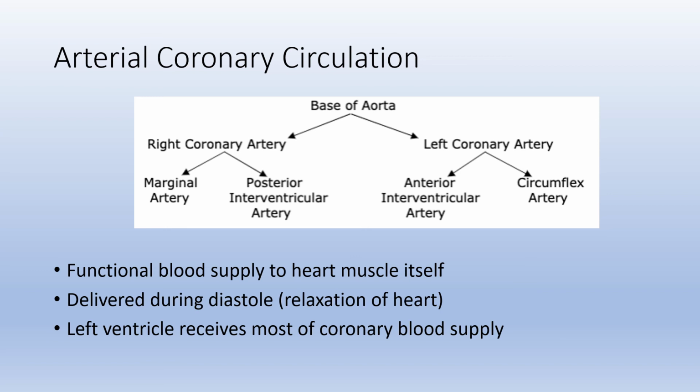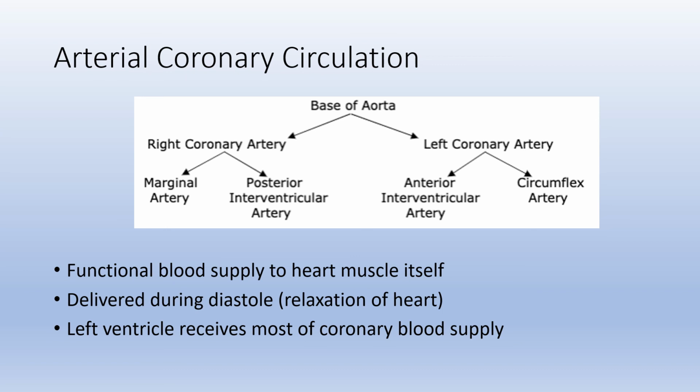Now, coming off of the aorta, remember the left ventricle will contract. When the left ventricle contracts, it forces blood through the aortic semilunar valve and into the aorta. But before the aorta carries that oxygen-rich blood to the head and neck, to the upper limbs, or to the lower limbs, the aorta sends blood to the heart.